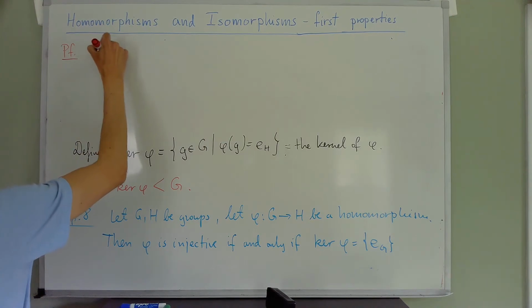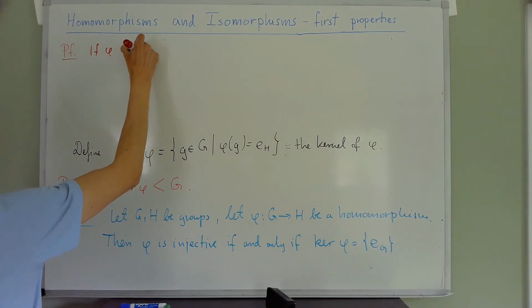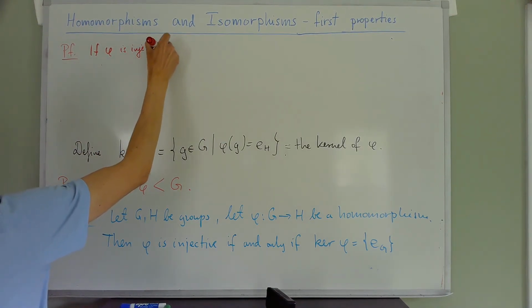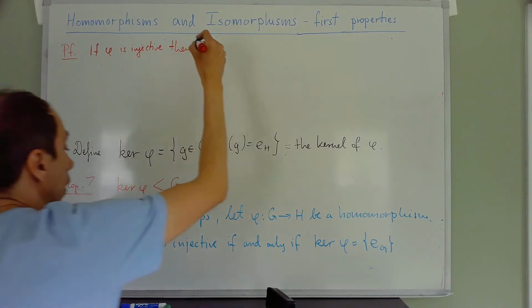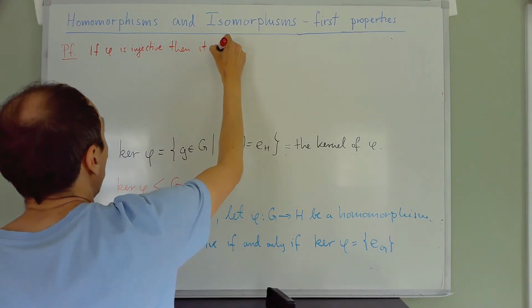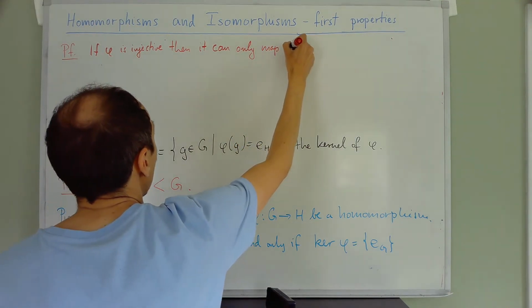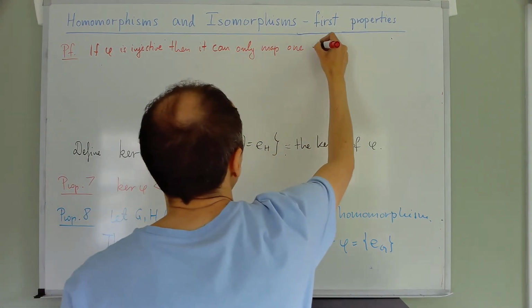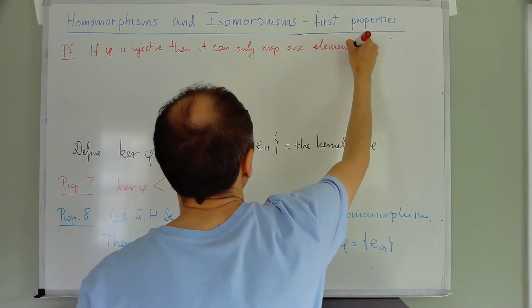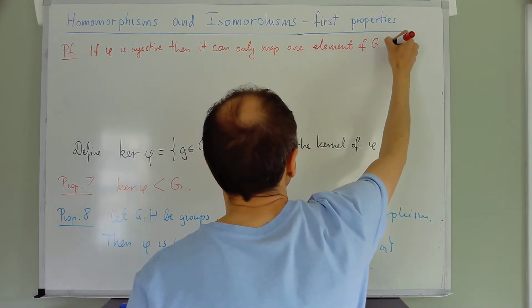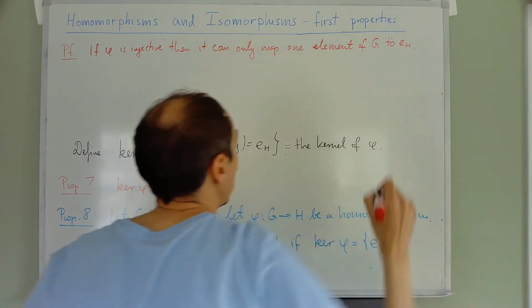If phi is injective, then it can only map one element of G to the identity in H, right?